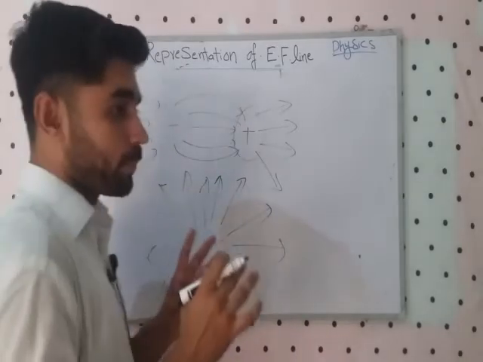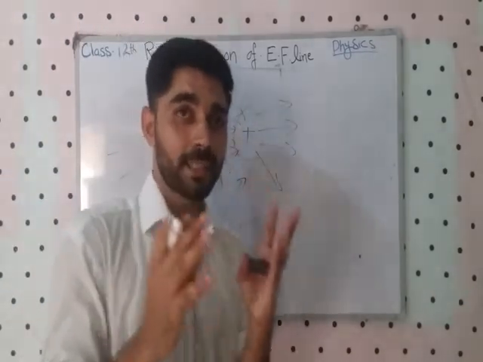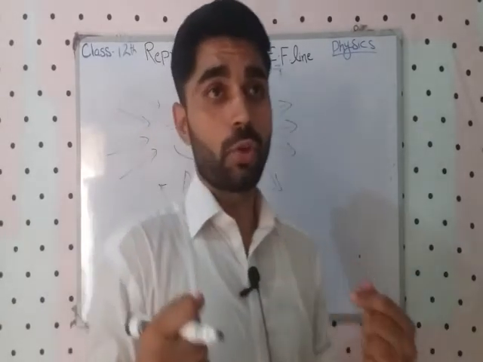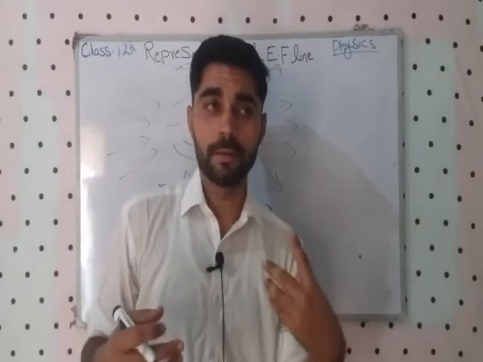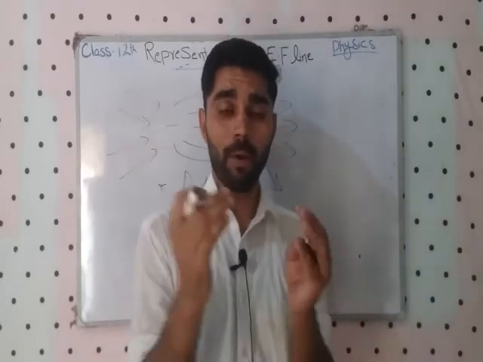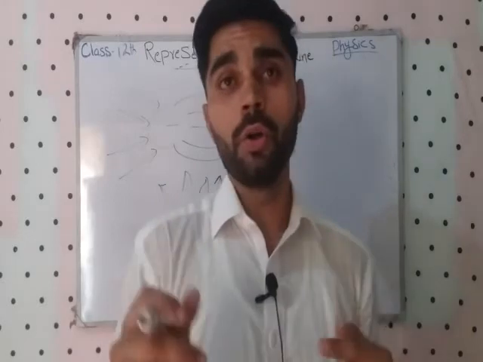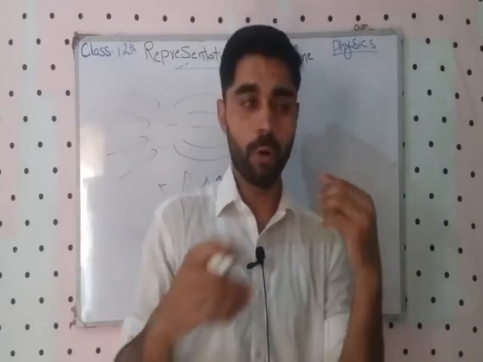If the electric field lines are close to each other and the intensity is increased, the electric field will be strong. If the electric field lines are far away from each other and the intensity is low, the electric field will be low.